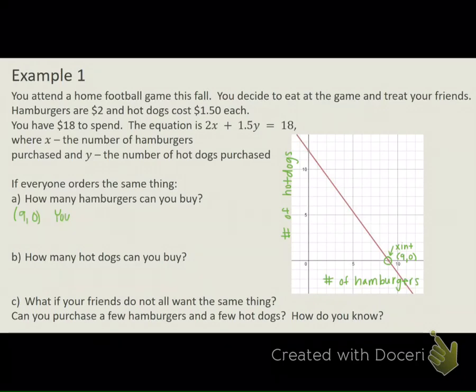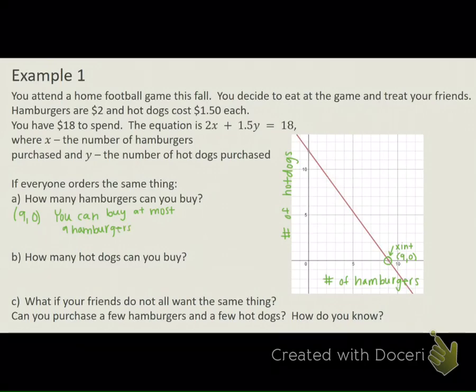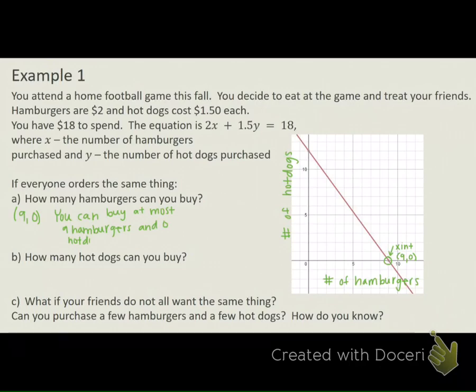So you can buy at most 9 hamburgers and 0 hot dogs for $18.